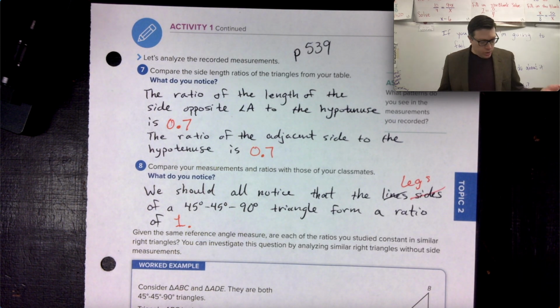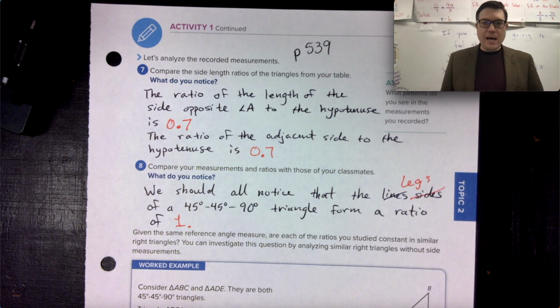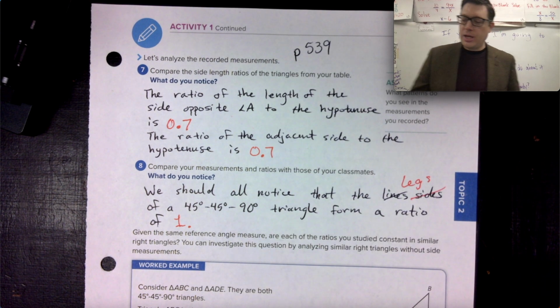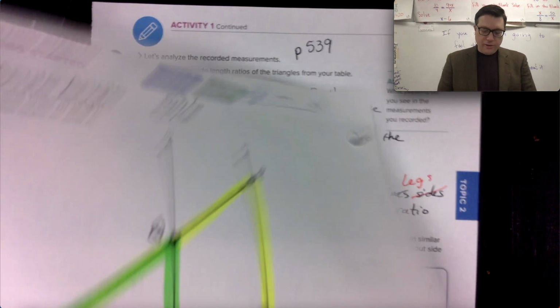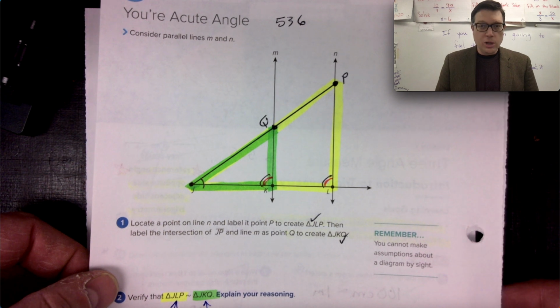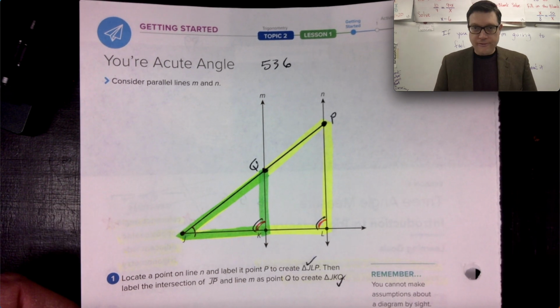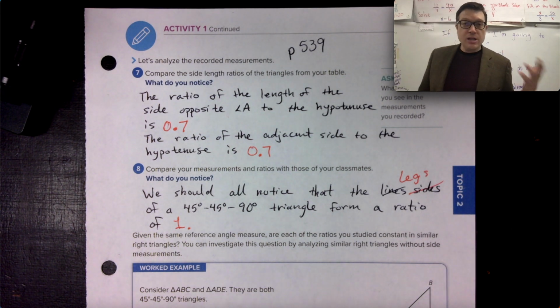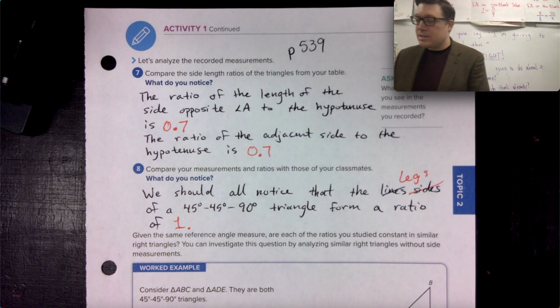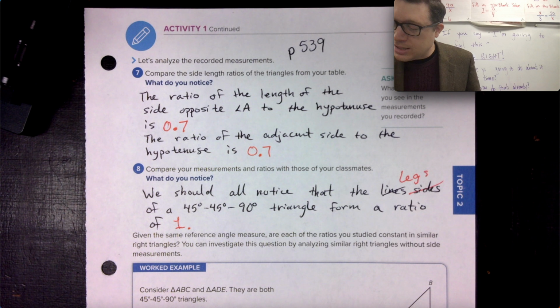Why do you think that you and your classmates have the same answers? Why didn't this happen in the first one, the getting started? Remember in the getting started, what we did in that one was just do it for any old random triangle. And in that one, it wasn't a 45, 45, 90 triangle. So the relationship of the legs isn't going to be the same and consistent.